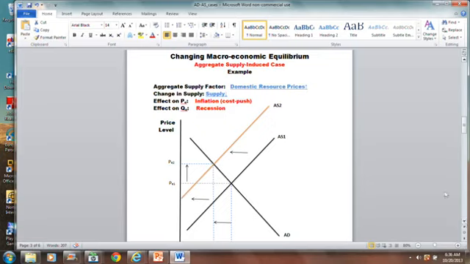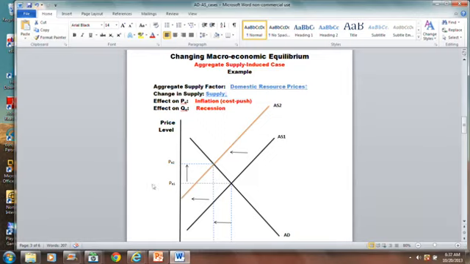To illustrate, let's say that we're told that throughout the economy, domestic resource prices are going up. So you have an increase in the cost of resources. If cost of resources go up, aggregate supply is going to go down. So aggregate supply will decrease. Right? A decrease in aggregate supply means the aggregate supply curve shifts to the left.